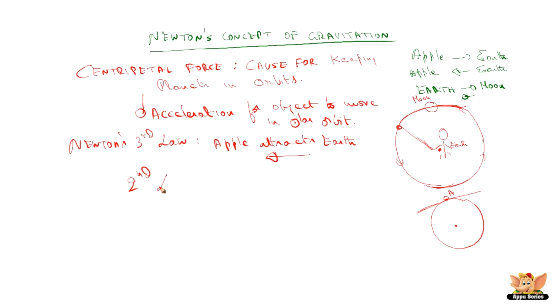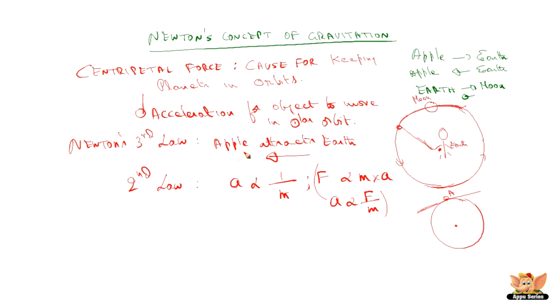That is because Newton's second law states that F is m into a, but we also say that a is proportional to 1 by m. When F is m into a, a is proportional to F by m, or a is proportional to 1 by m. So when acceleration is proportional to 1 by m, the smaller the mass, the higher the acceleration, and the larger the mass, the lesser the acceleration.